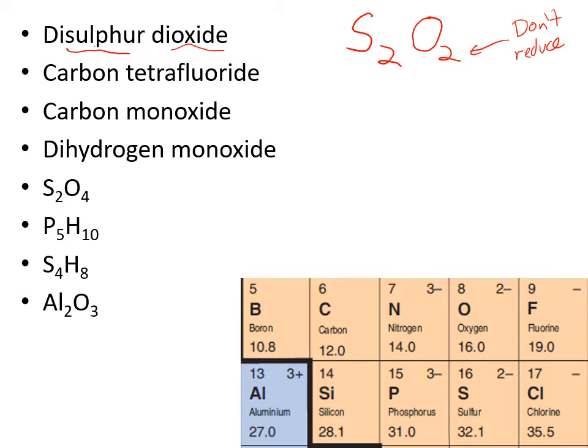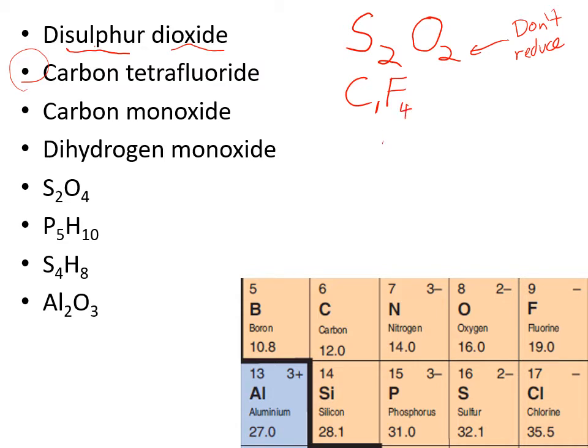Here we have carbon, so it's going to be C. We have fluoride, so it's going to be F. We have nothing in the front of carbon, which means there's a 1. Tetra, if you look on the back of your periodic table, because those fancy names are on the back as well, tetra is 4, so it'd be C1F4.